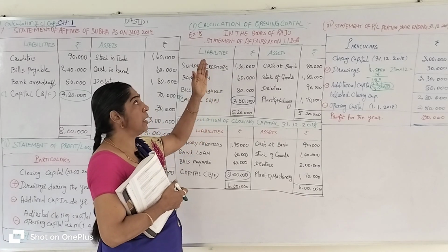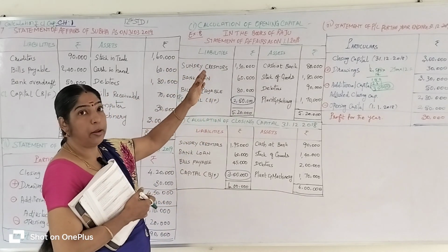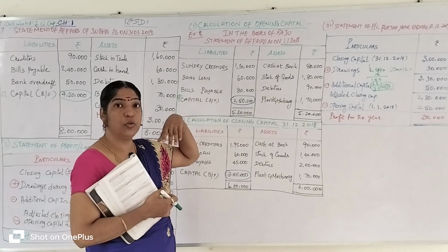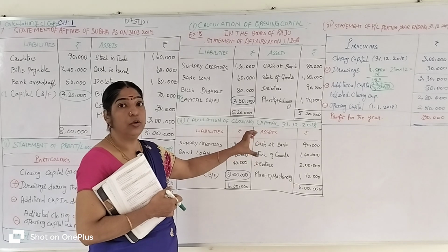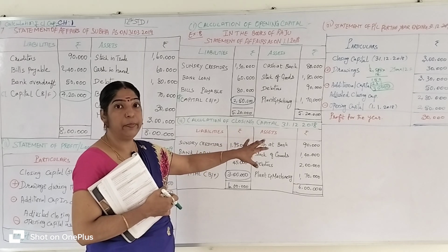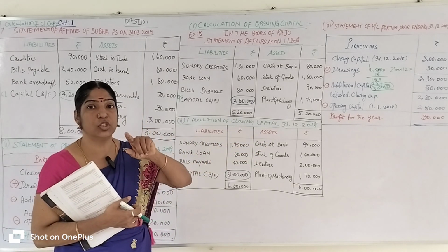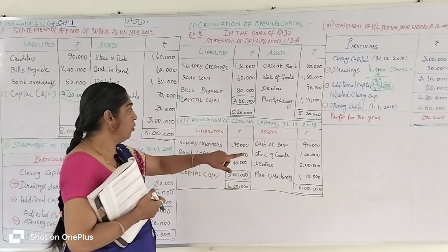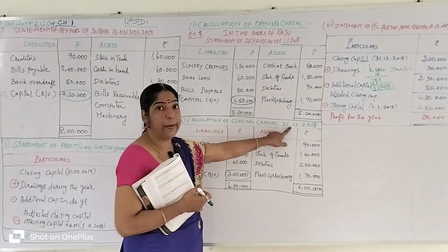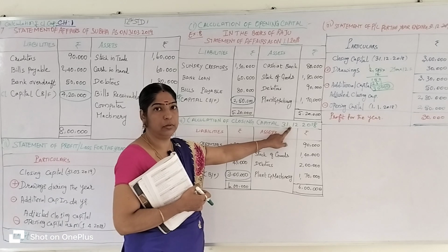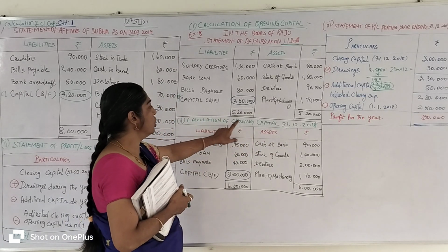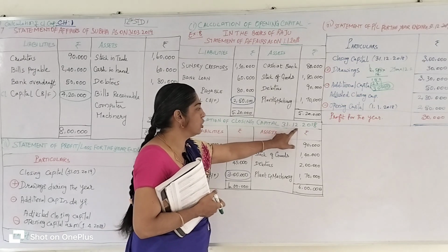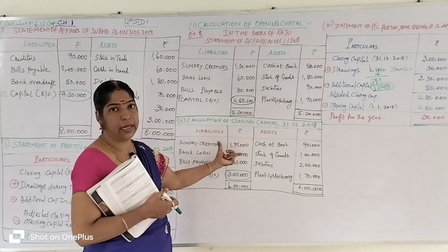For the calculation of the opening capital, you introduced whose book it is and which accounting period. But here you introduce another accounting period because we are going to calculate the closing capital. So you mention the closing capital's accounting period. Got my point? Calculation of closing capital as on 31/12/2018, same format.